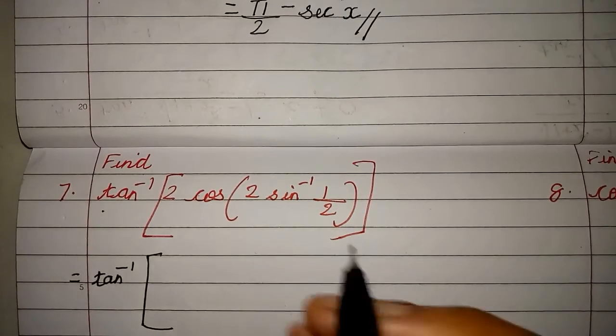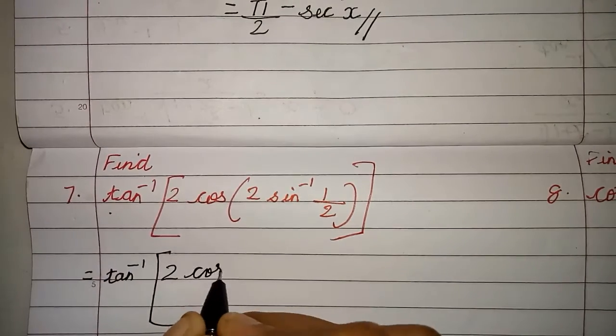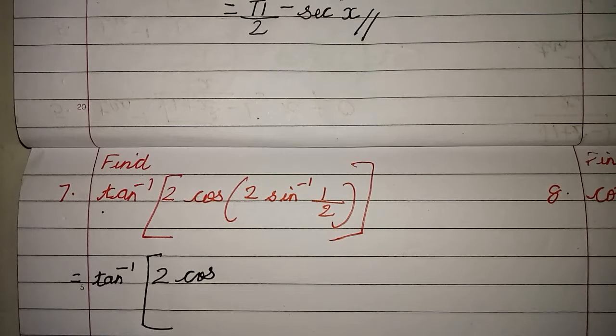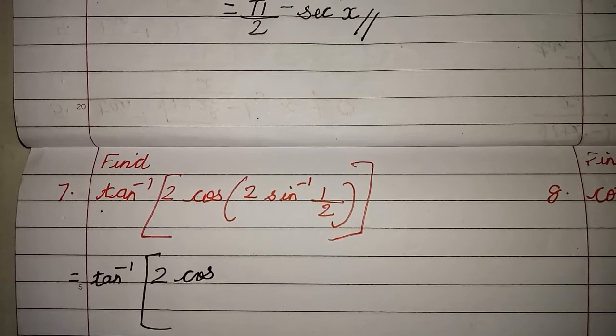So it is 2 cos of 2 times sin inverse of half. What will happen, children? I have to think of the value of sin inverse of half.